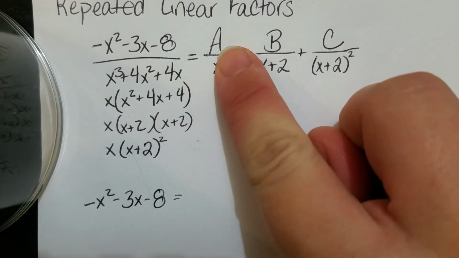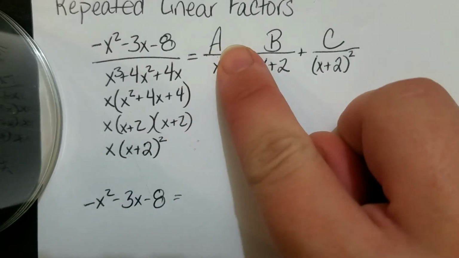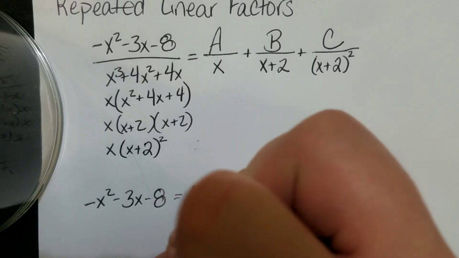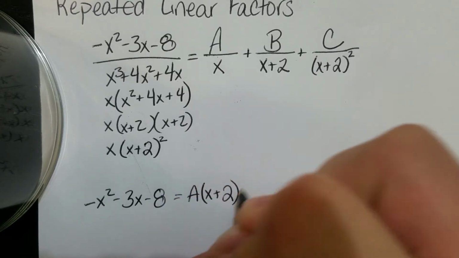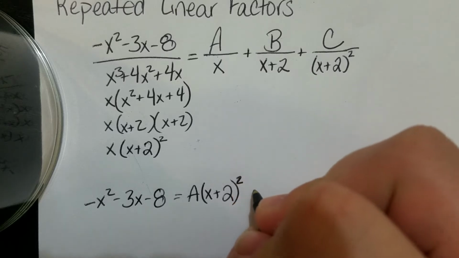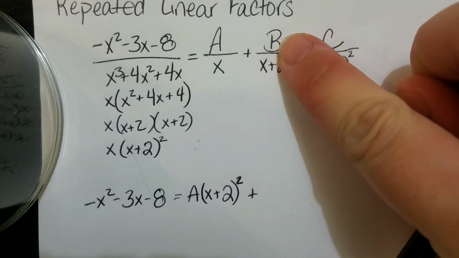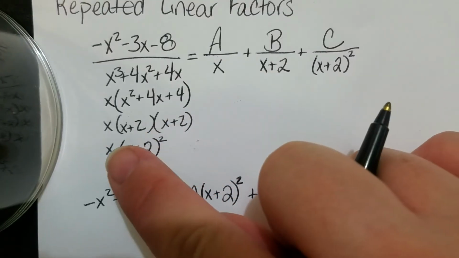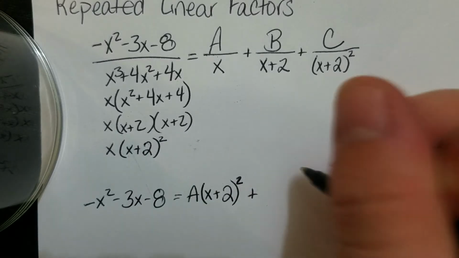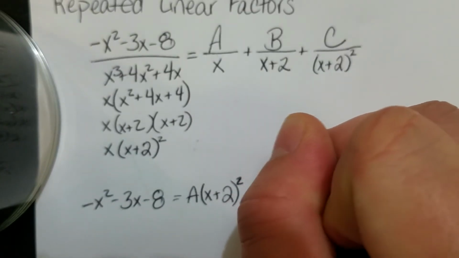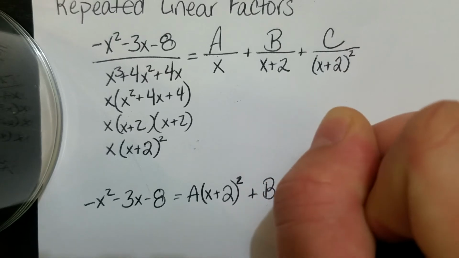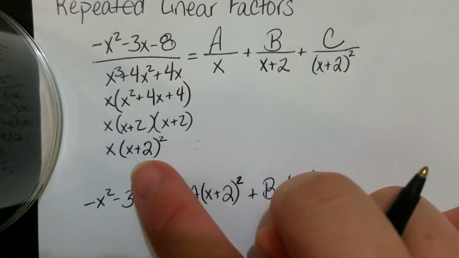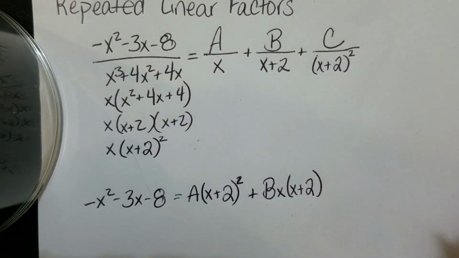If I multiply this times this one, the x's will cancel, and I'll still have A times this. If I multiply this one times this one, one of the x plus 2's will cancel, but I'll still be left with an x and another x plus 2. So I'll have B, I'll have x, and I'll have one x plus 2 that didn't cancel. C, the x plus 2 squared will cancel with the x plus 2 squared, so I'll just have Cx.